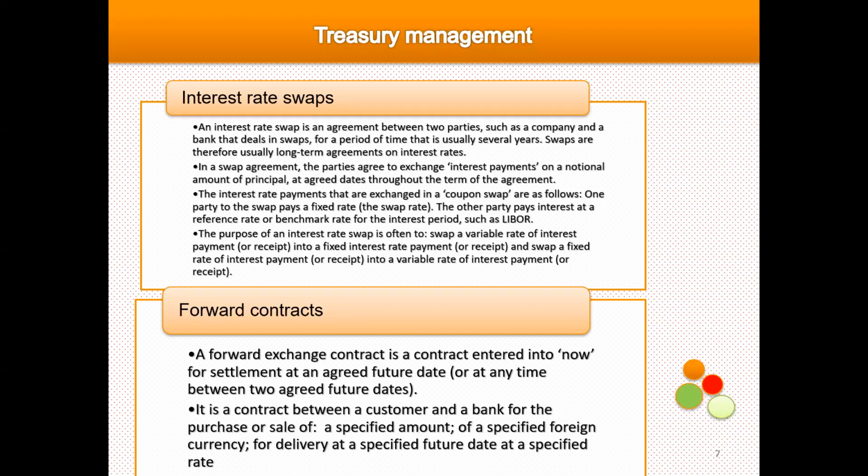Now that's a crude example, but let's say Mr. Menu, who is a Ghanaian businessman, enters into a contract with Lee Kuan Yew in China for him to send him some products. If he enters into a forward contract, he does so because he looks at the market and sees that maybe the yuan, the Chinese currency, is going to appreciate.